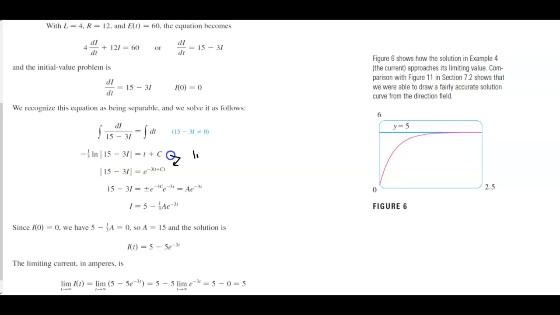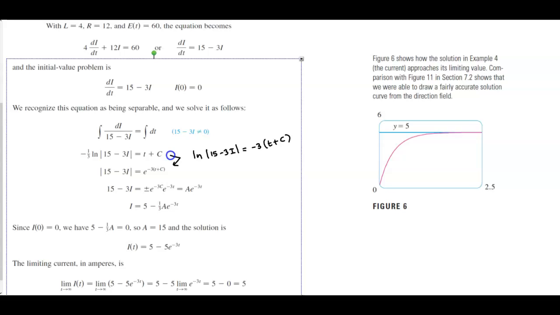So we're going to get the natural log of the absolute value of 15 minus 3i, and that's going to equal negative 3 times t plus c. And then they're going to rewrite it in terms of an exponential, so therefore the absolute value of 15 minus 3i is going to equal e to the negative 3t plus c.